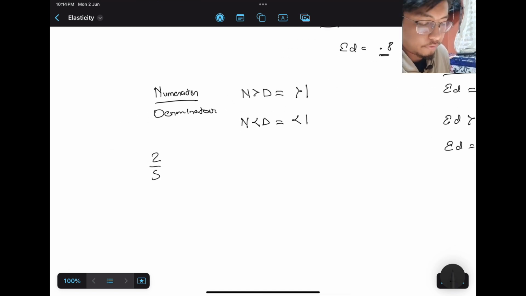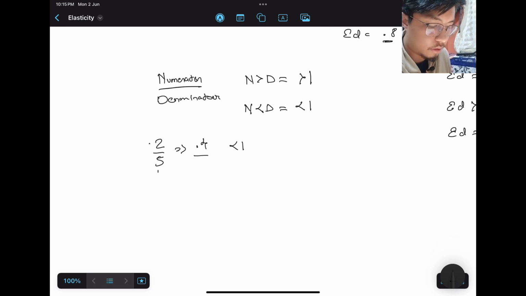Okay, see, try this. 2 by 5. 2 by 5 is how much? 0.4. Right? Now, this is less than 1. See, your numerator 2 is less than 5. That is why it came less than 1. 5 by 2 is how much? 2.5, more than 1.